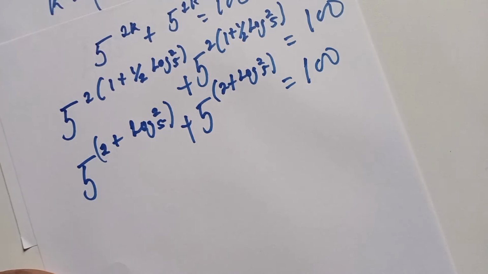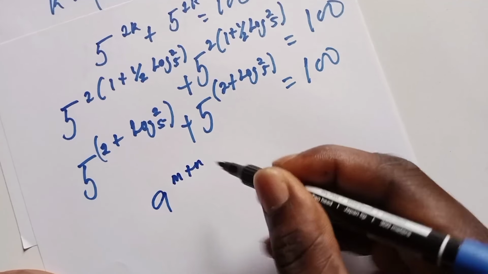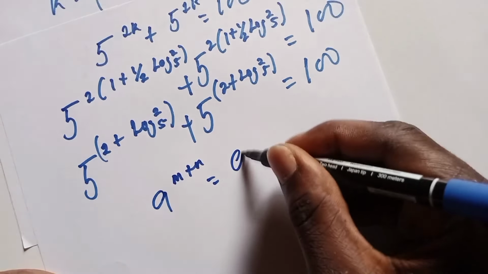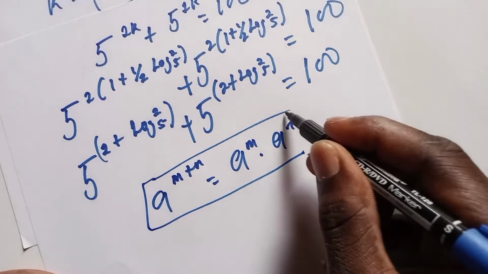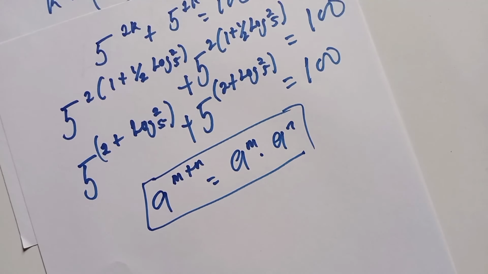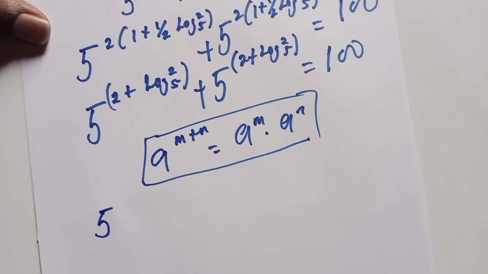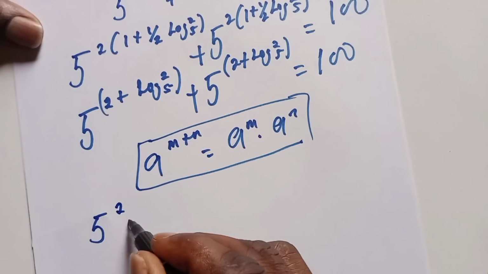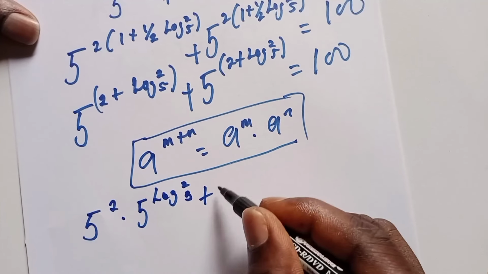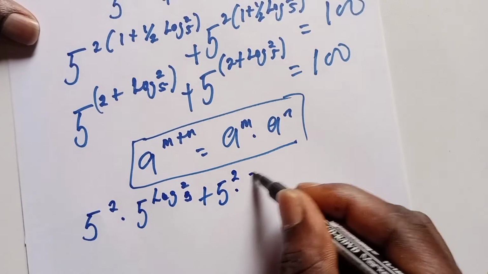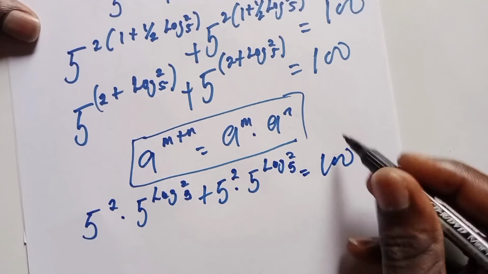Now from here, applying the formula a raised to power m plus n is equal to a raised to power m times a raised to power n, this becomes 5 raised to power 2 times 5 raised to power log 2 base 5, plus 5 raised to power 2 times 5 raised to power log 2 base 5 is equal to 100.